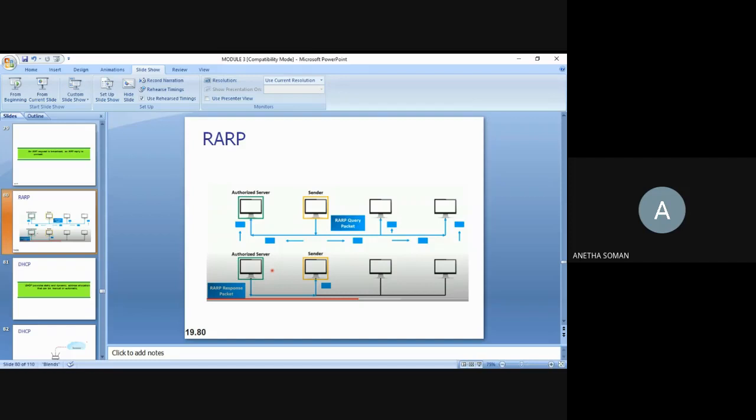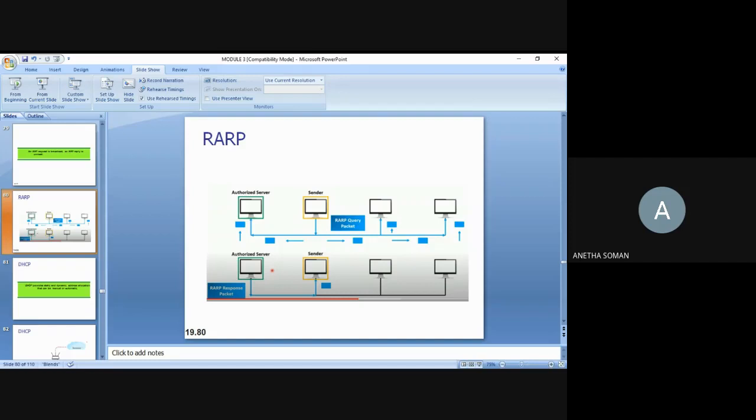Now this request packet is processed by all the hosts connected to that network. But only the authorized host which can provide that RARP service will respond to that query packet with a response packet.